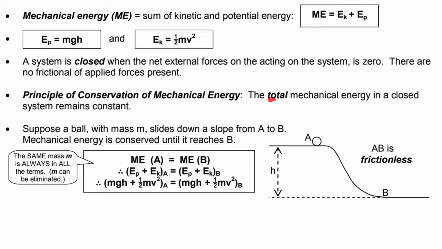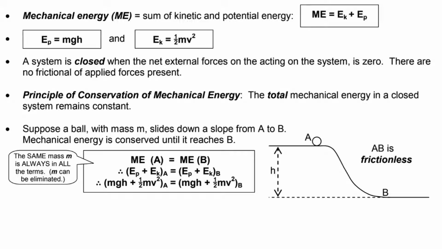What do we mean by the total mechanical energy in a system remaining constant? We mean the mechanical energy everywhere in this path up to point B is constant. If you calculate the mechanical energy here, it will be equal to the mechanical energy there at the bottom, and so forth.